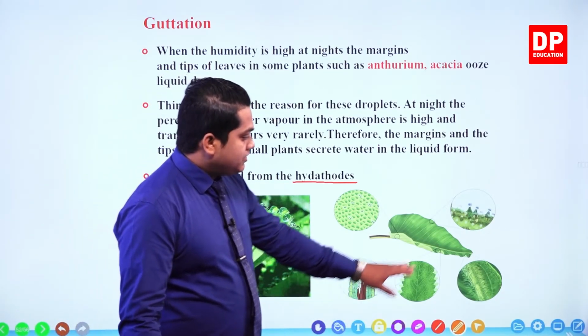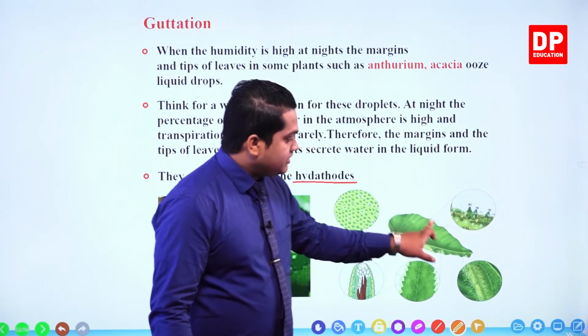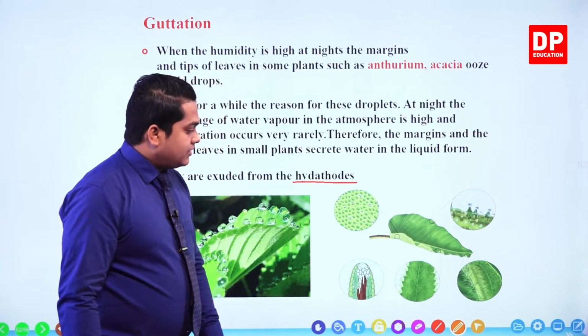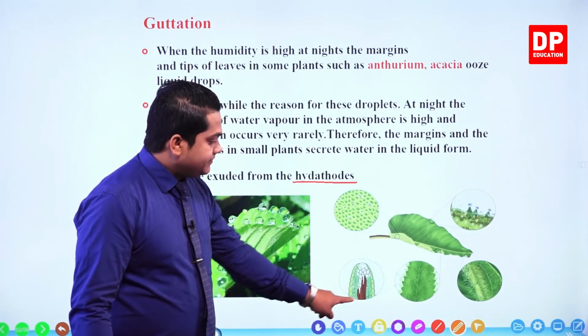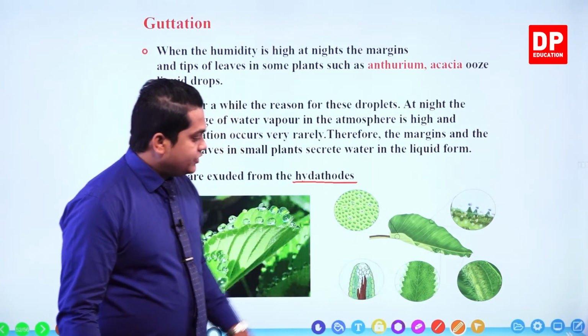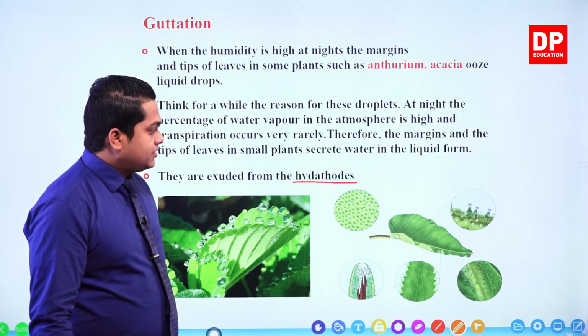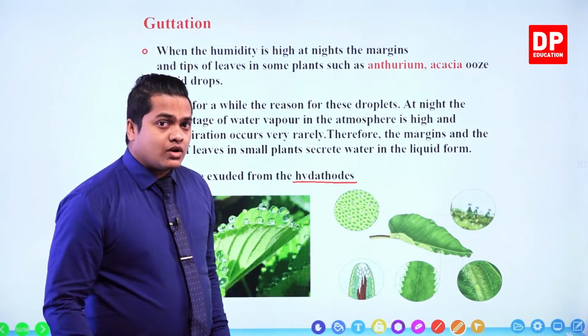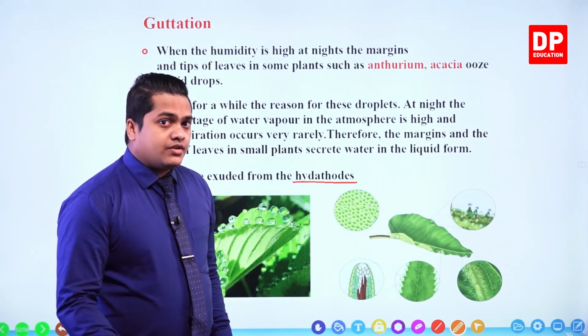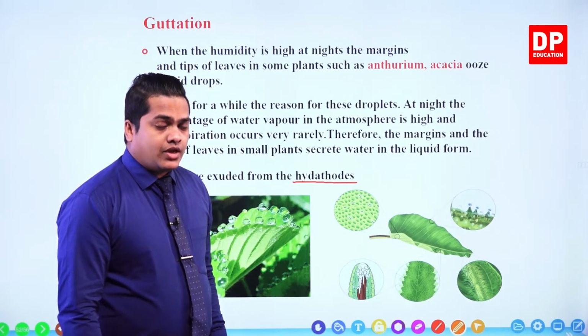These are the ones which are referred to as the hydathode. So this is the structure of a hydathode. You can see the water droplets here. So hydathodes are the ones which release water in the droplet state. Okay, as droplets.